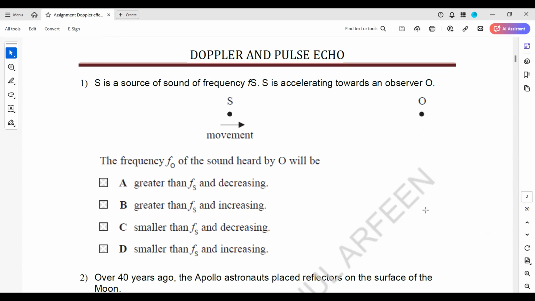F naught, the sound heard by O, is the frequency of the sound received by the observer. Fs is the frequency of the sound produced by the source. What could be the right option? You can use the chat to answer this.